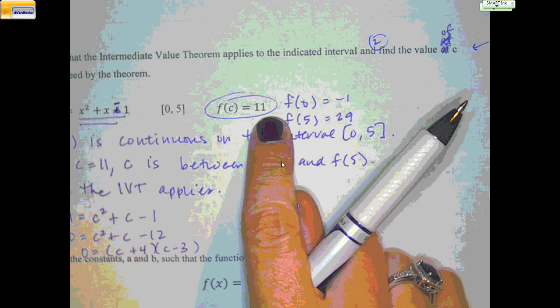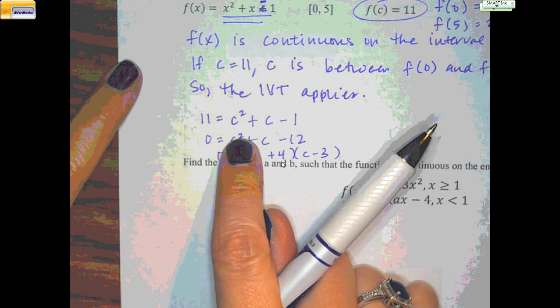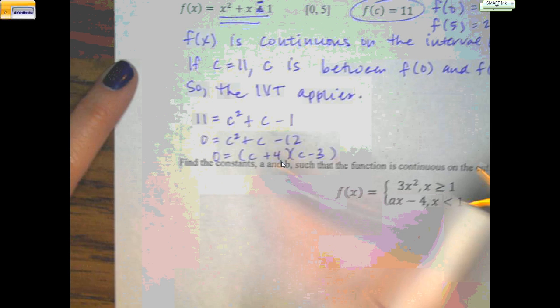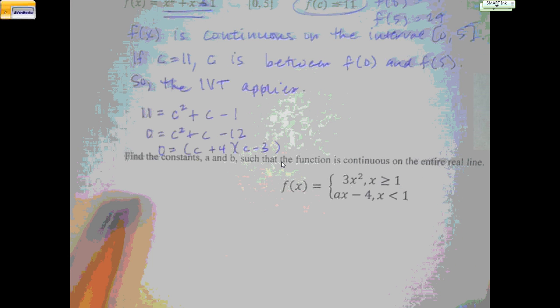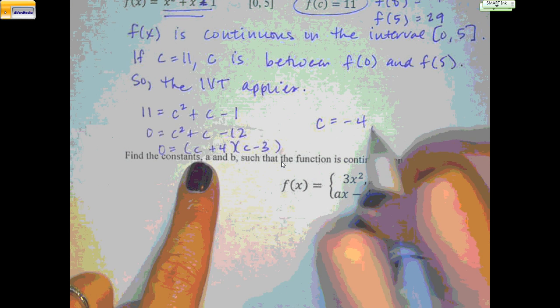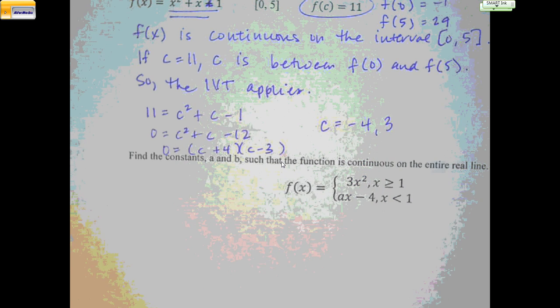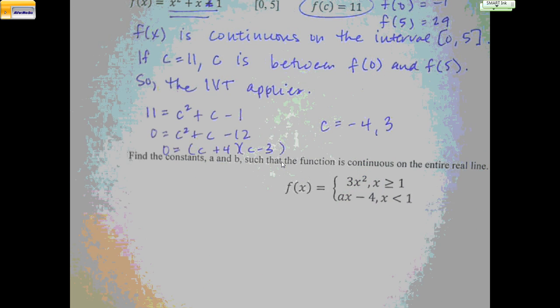They gave you an F at x being 11. We want to find out what that is. So, C equals -4 and 3. Are we finished? Almost.